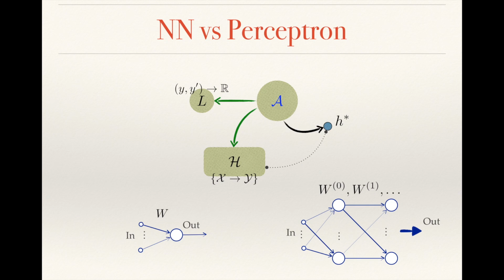Before we get into the details of the network construction, let's view the difference and similarity between a perceptron and a neural network in the light of the learning framework. Both models have a number of real numbers to describe the model.